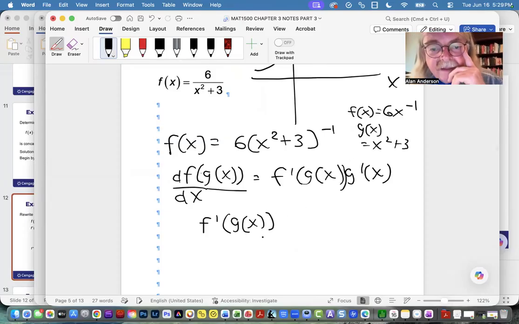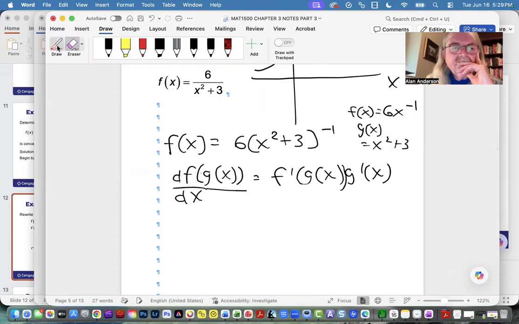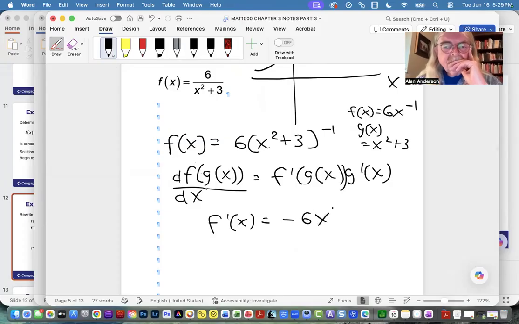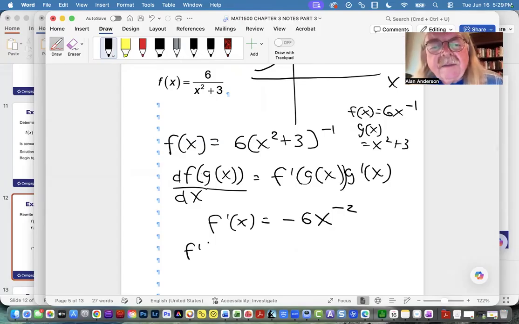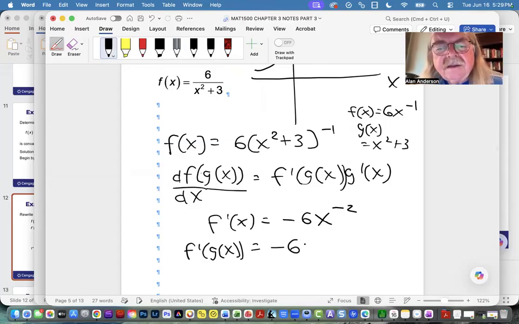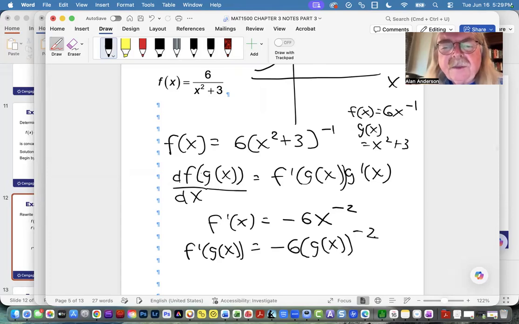Now, f prime of x, in this case, let's do that first. Based on the power rule, f prime of g of x would be minus 6 g of x to the minus 2 power.